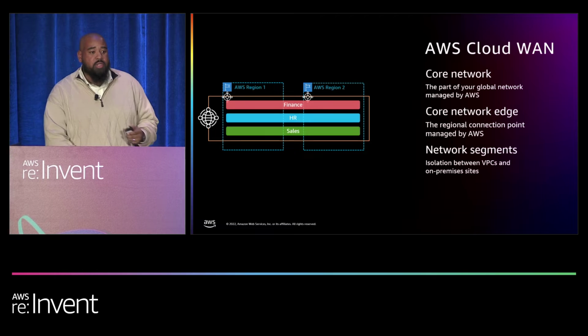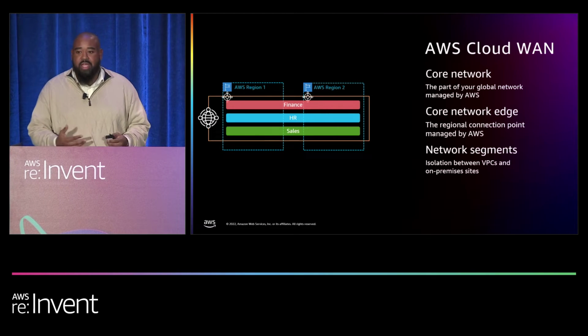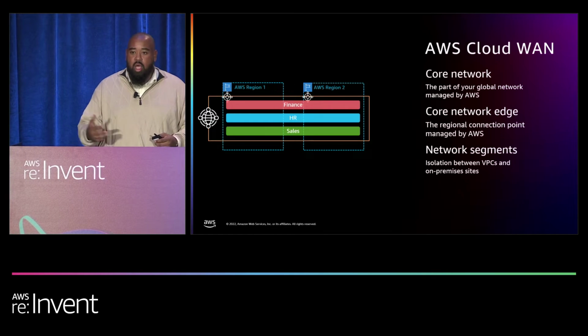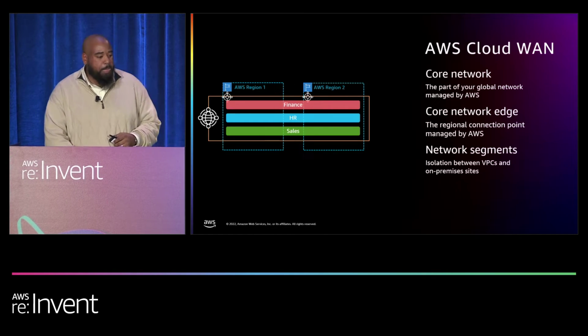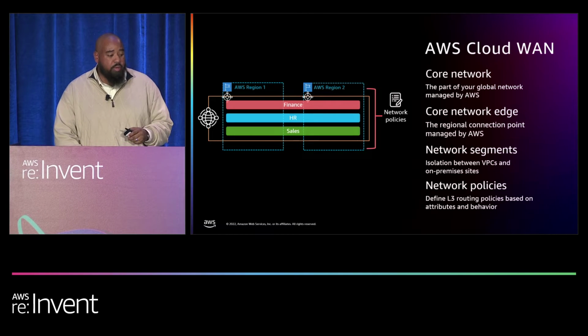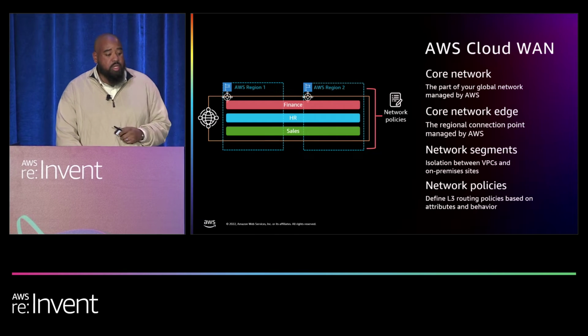Next, you determine your network segments. These segments are going to be, in our example, finance, HR, and sales. This is where you provide segmentation across your global network. And to provide the control and granularity of your segmentation and routing, you're going to use your network policies.